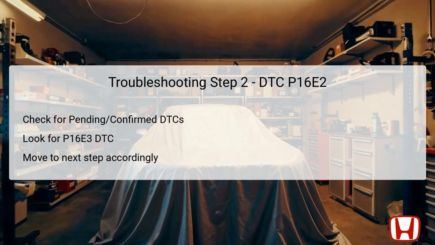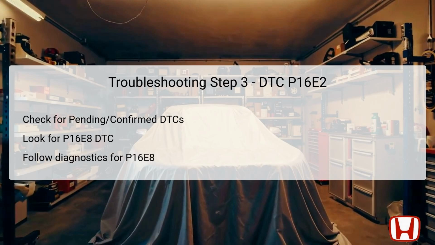If P16E2 is indicated, you must follow the next steps accordingly to implement further diagnostics specific to the battery sensor. If the P16E2 DTC is not present, proceed to check for further issues without the need for battery sensor-specific tests, moving toward locating and diagnosing other potential DTCs that may be affecting the system.